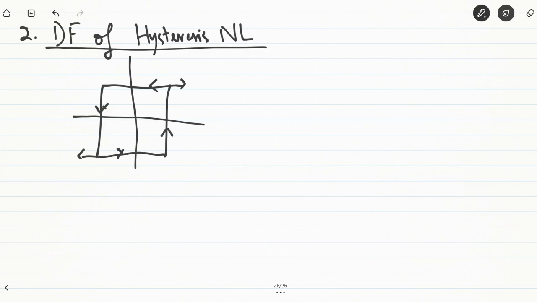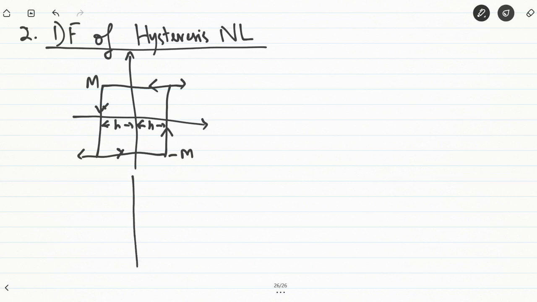Let the magnitude of the output be plus minus m, and let the hysteresis bandwidth be between plus minus h.